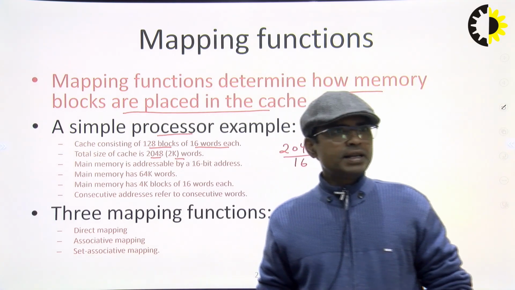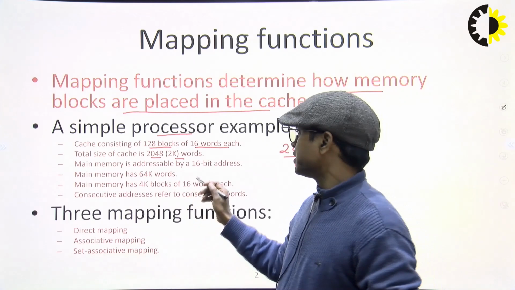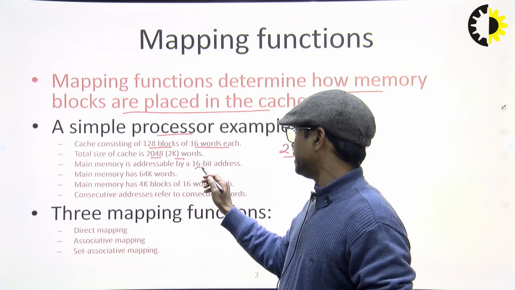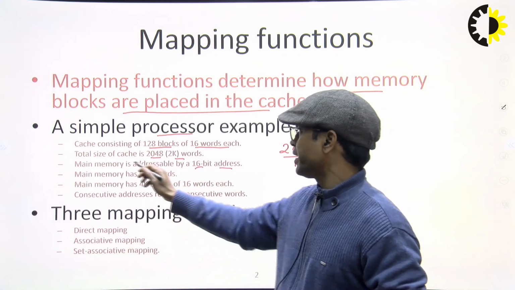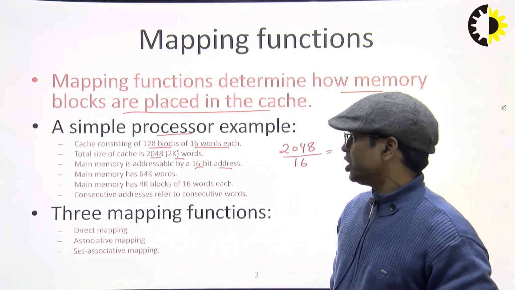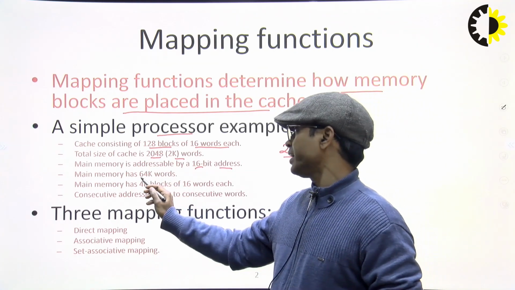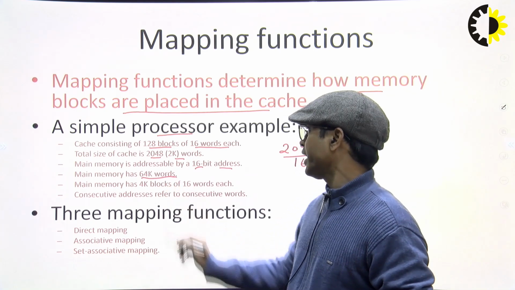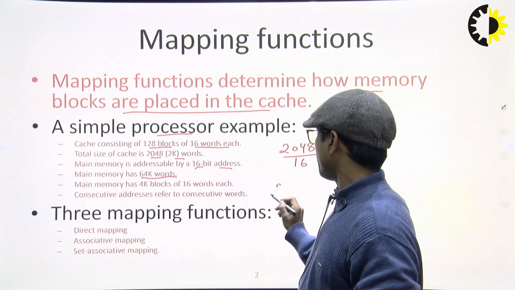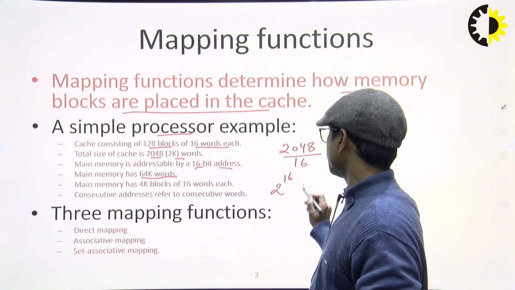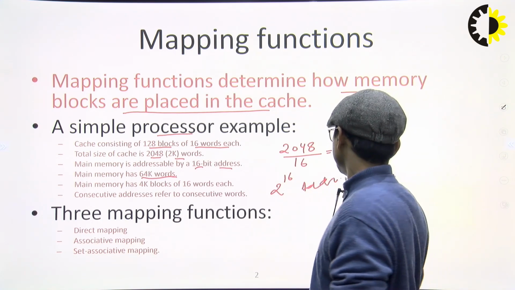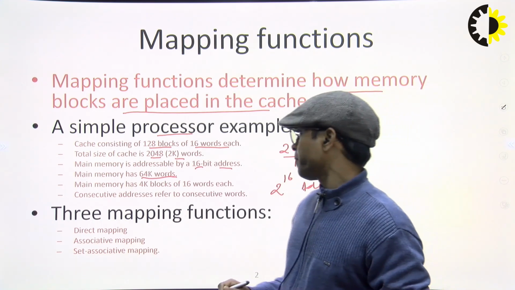We can identify the size of memory using the bits used in the address. The memory is addressed by 16 bits, so the size of memory is 64K, that is, 2 raised to the power 16 addresses are available in the main memory.